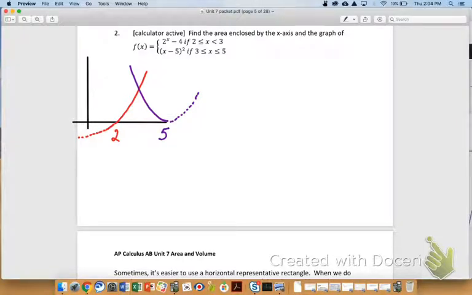And then I think this joining point is right here at 3, that intersection point. Okay, so we're looking for this area right here. It's very lightly shaded in purple.